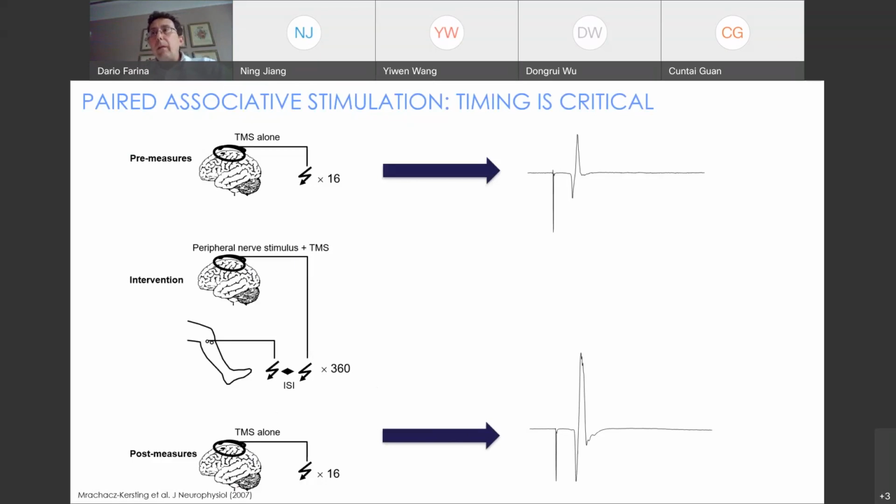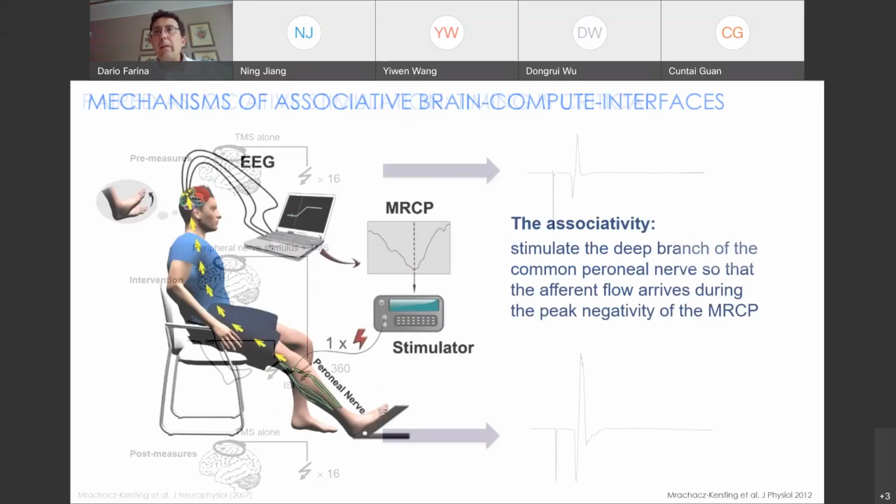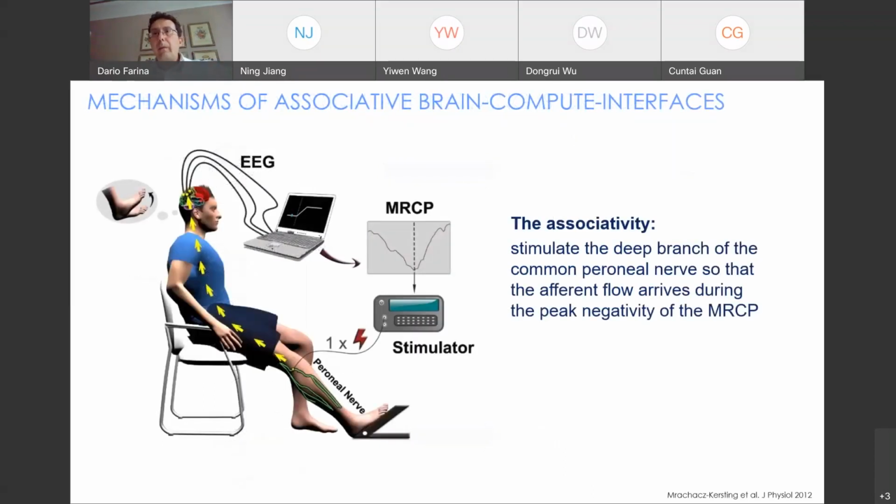So given this basic neurophysiological knowledge, around 10 years ago, we started a series of studies, and Ning was very much involved in these studies together with me and Professor Mark Kersting, in which we tried to look at the mechanism of associative plasticity when we operate brain-computer interfaces, in order to have a better translation of brain-computer interfaces for therapeutic interventions.